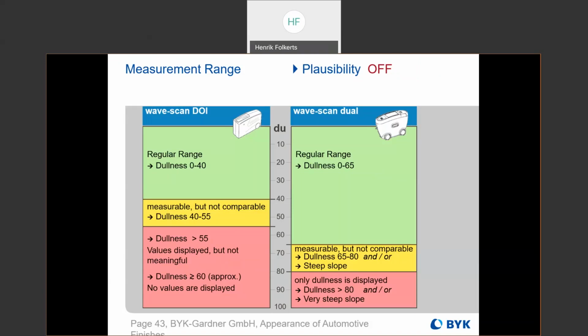I mean, most of the time, like I talked about before, everyone wants one number that is going to be the pass-fail number. And I think with appearance, it's not always that simple, because you're not getting enough information from one calculated number.